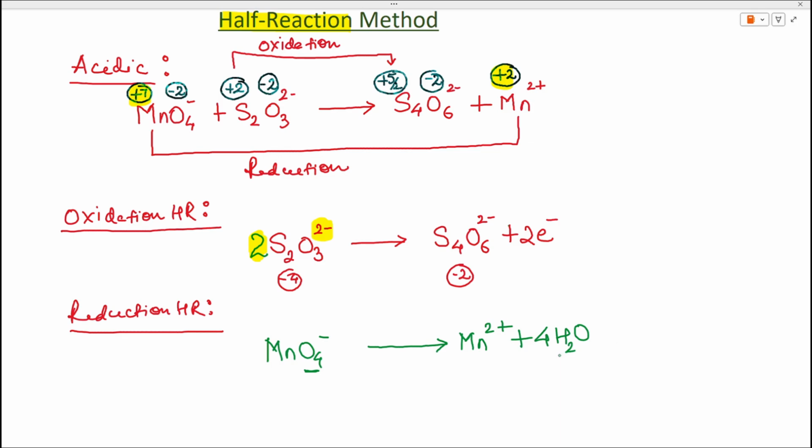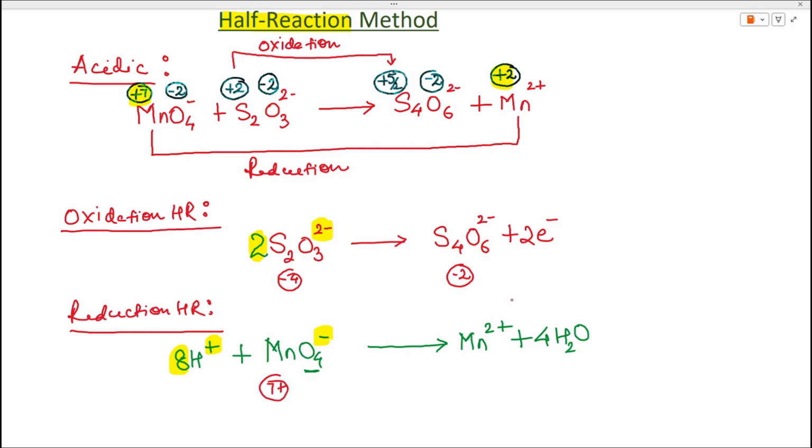The next step is to balance hydrogen by putting H positives. So we have 4 times 2, 8 hydrogens. So we are going to put 8 H positives on the left hand side. Hydrogens are balanced. And the last step is to balance charges by adding the electrons. So let us figure out the total charge on the left. It's 8 positive and 1 negative, so the total charge over here is 7 positive.